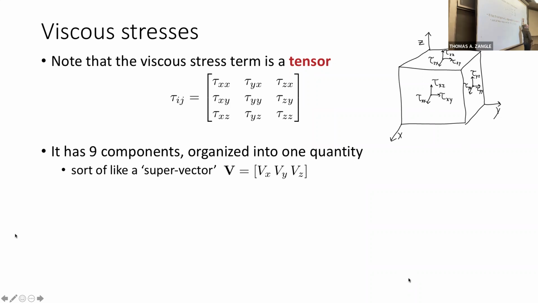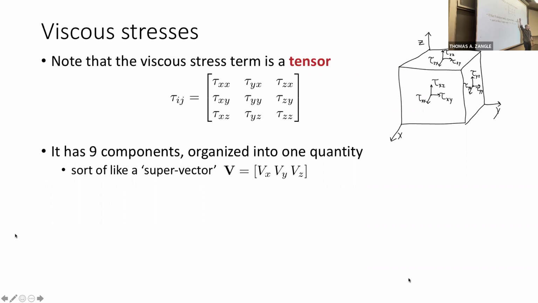This is keeping track of the shear stress on the x face of the fluid acting in different directions, either x, y, or z. And that can be different than the shear stress acting on the y face in its different directions, x, y, and z, and different than the shear stress acting on the z face in x, y, and z. We need a way of keeping track of all of this. And mathematically, the way we keep track of this is in what's called a tensor.